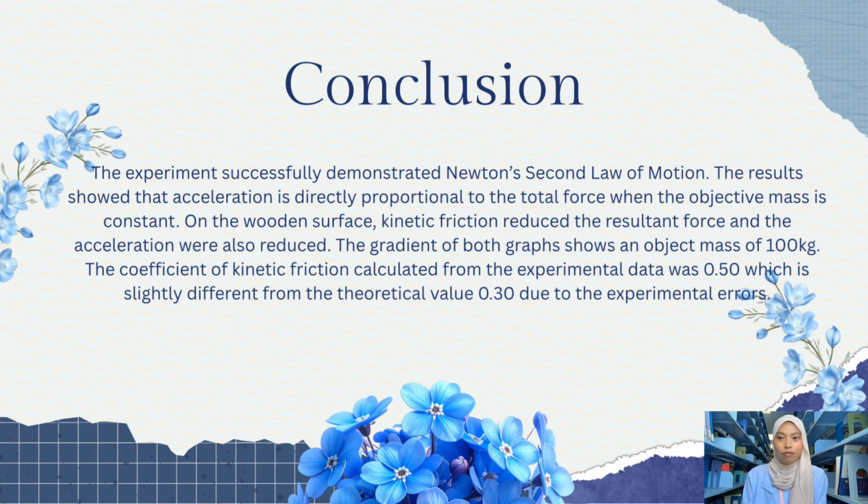The gradient of both graphs shows an object mass of 100 kg. The coefficient of kinetic friction calculated from the experimental data was 0.50, which is slightly different from the theoretical value 0.30 due to experimental error.